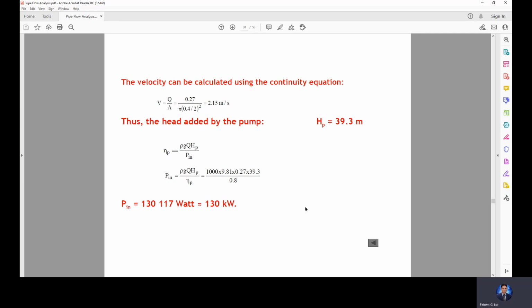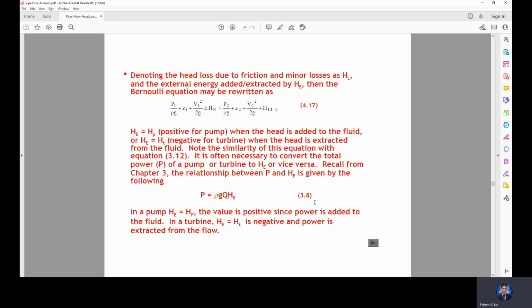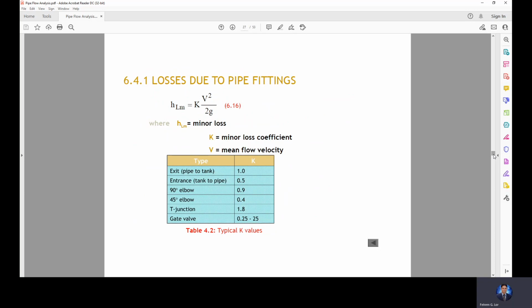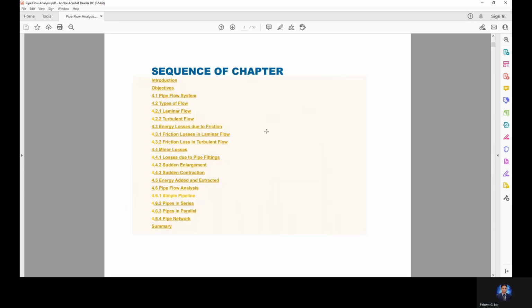So for now, we have discussed the flow system, types of flow, laminar flow, friction losses, the major losses actually and minor losses, and energy added and extracted in the system.